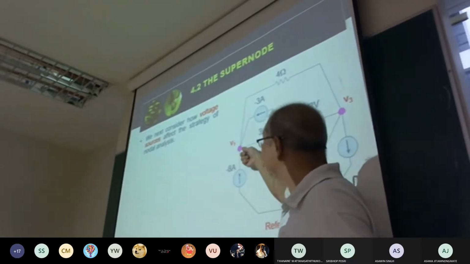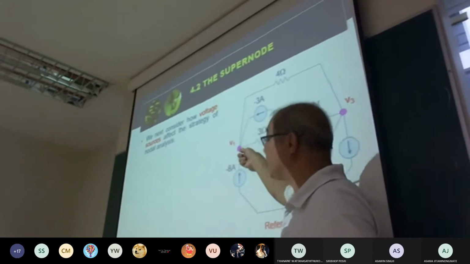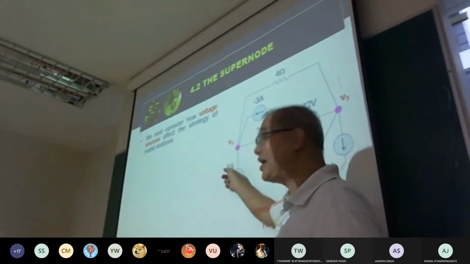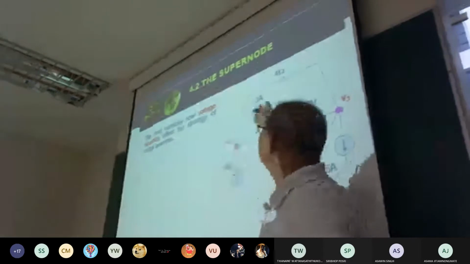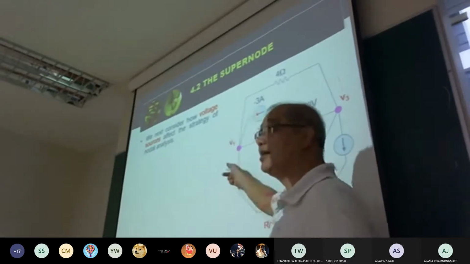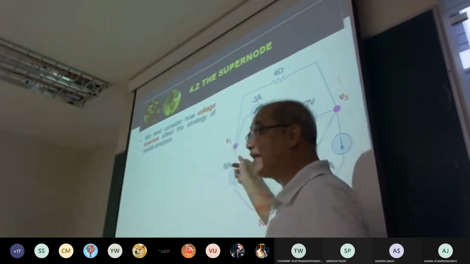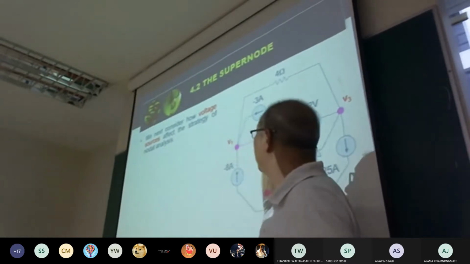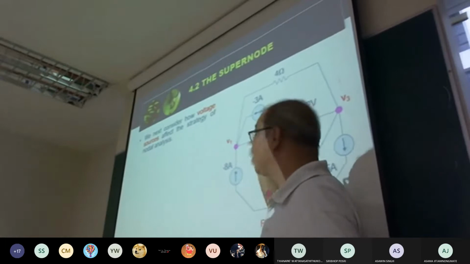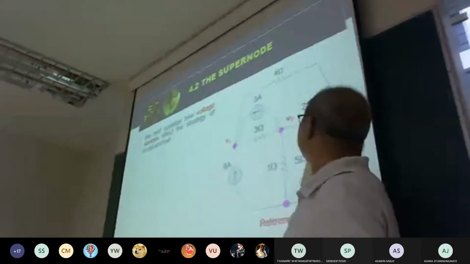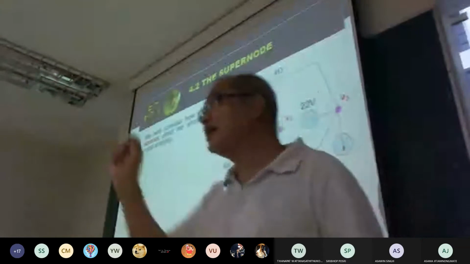How many currents get in? 2, one equal to minus 8 and one equal to minus 3. 2 currents get out, and you can express them in terms of the nodal voltages and resistances easily. Here it equals (V1 minus V2) divided by 3 and (V1 minus V3) divided by 4. You can write KCL very easily.